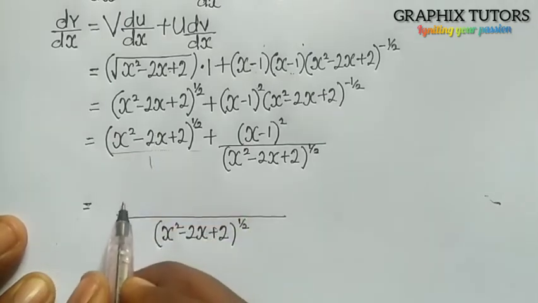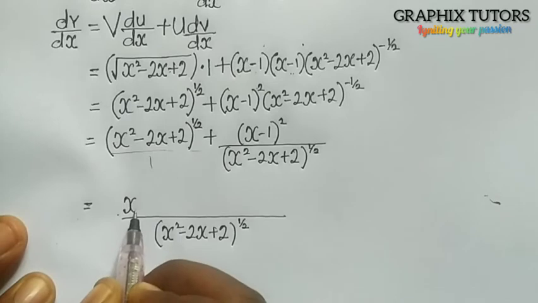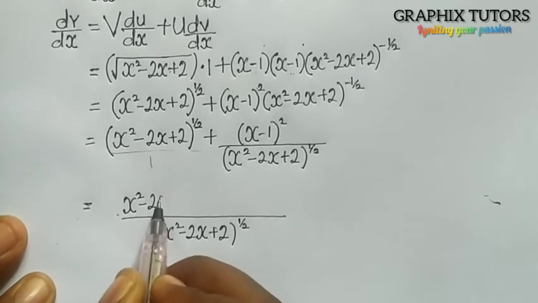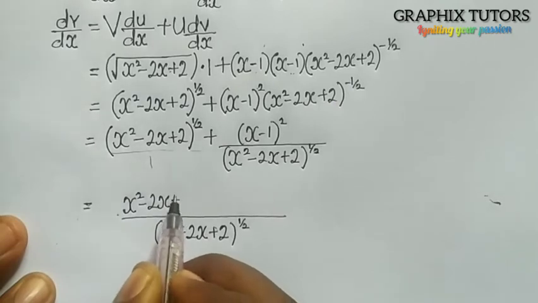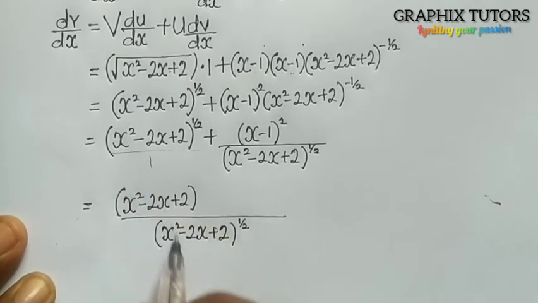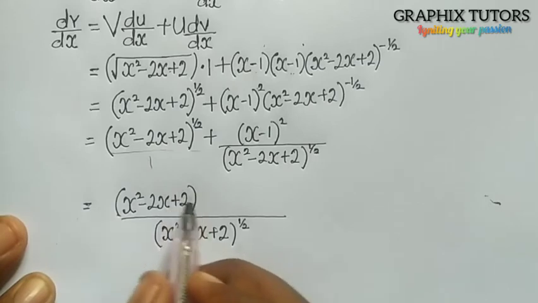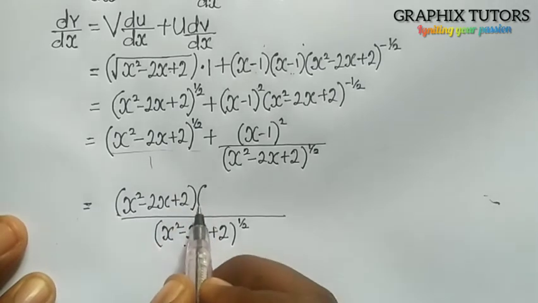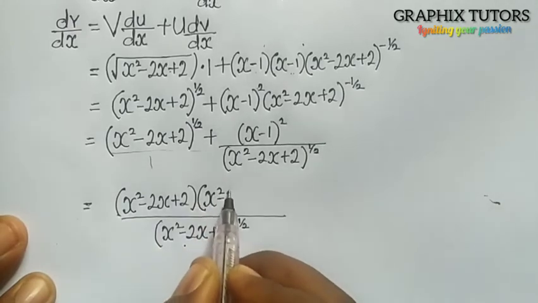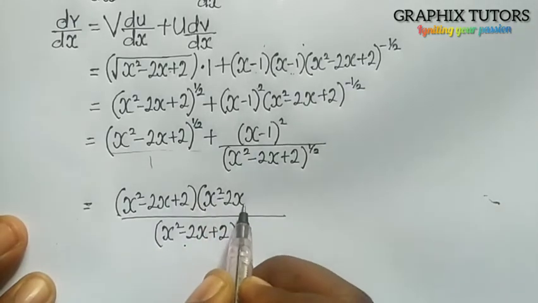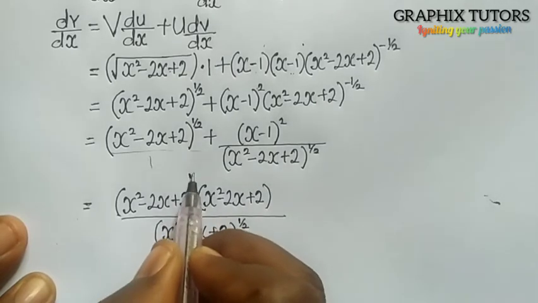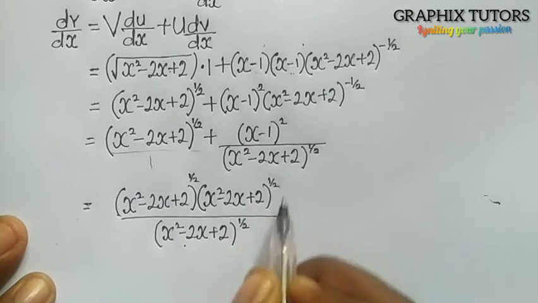This times this will give me x squared minus 2x plus 2, right? 1 in this will give me this, so this will give me multiply by x squared minus 2x plus 2. There is 1 over 2 on top, and there's another 1 over 2 here.